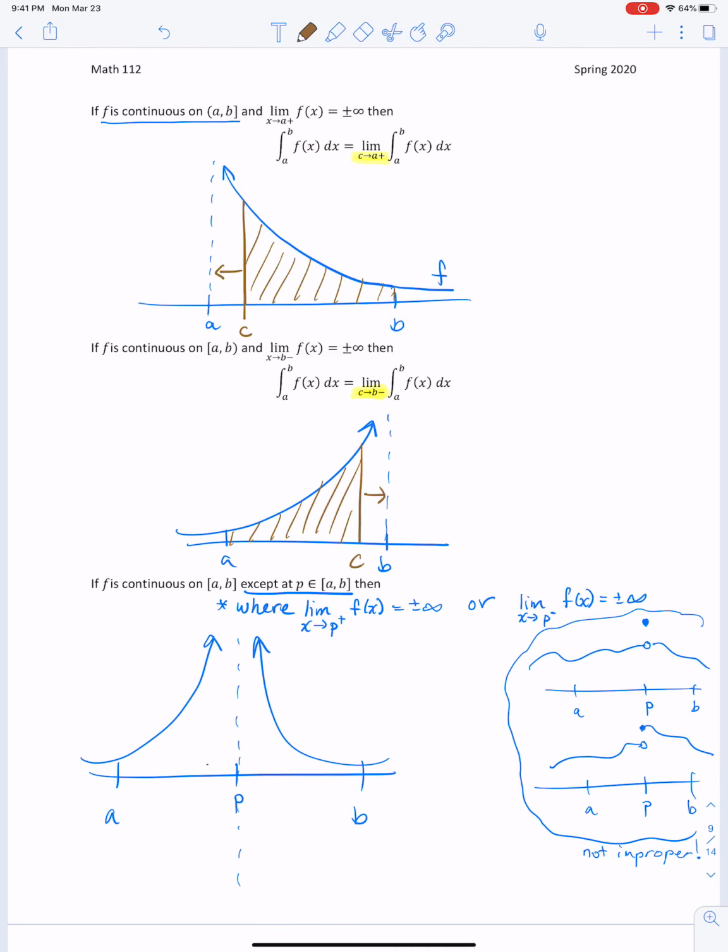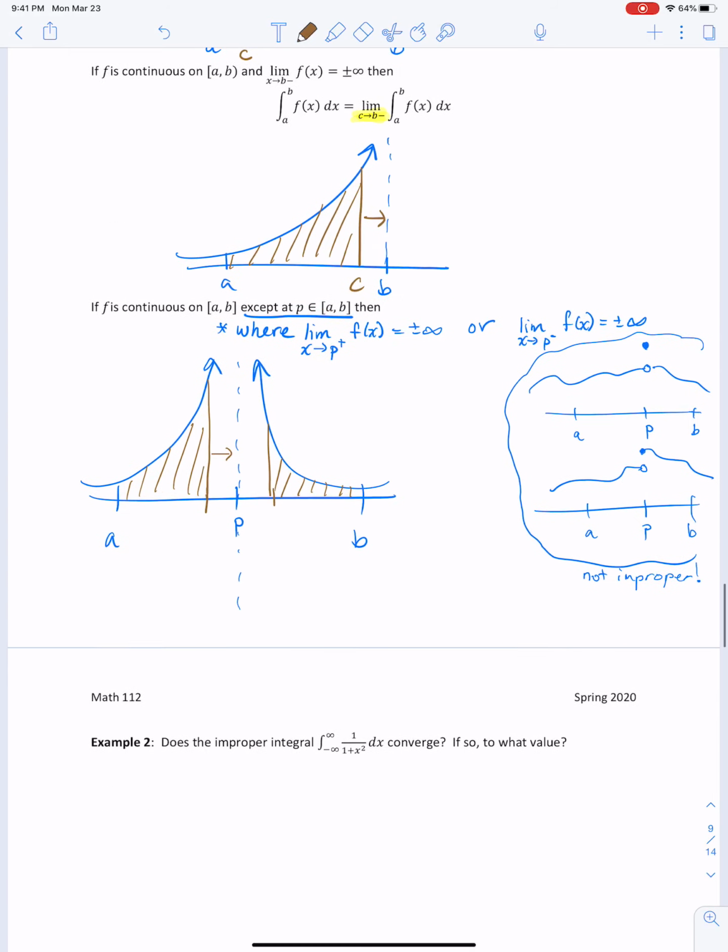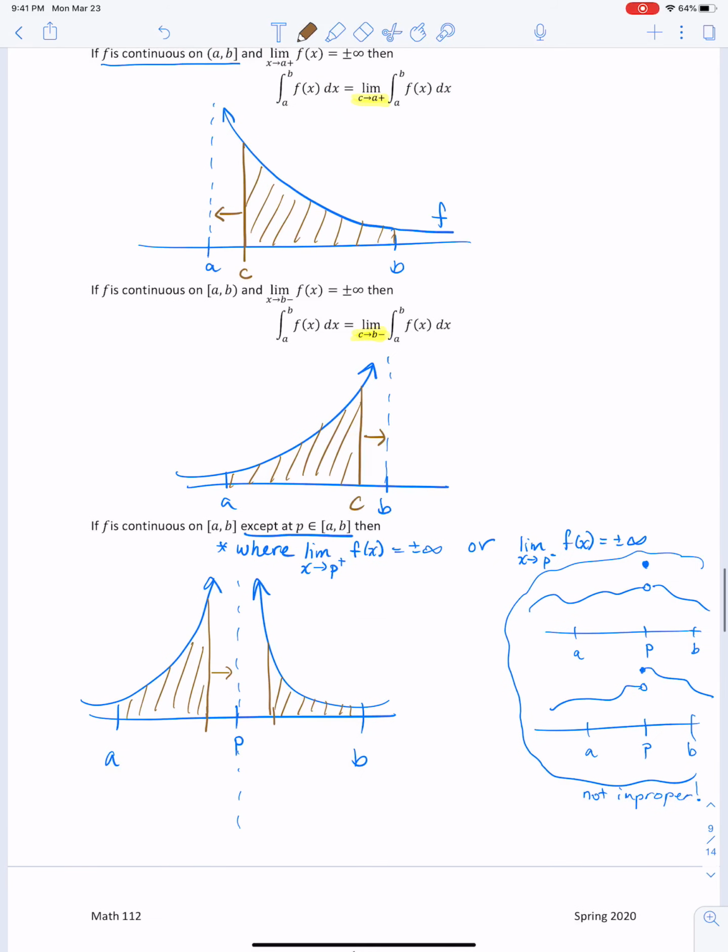In this case, we're going to be picking two points. You find the area of the left shaded area I've drawn first, and allow that endpoint to move in towards P, and similarly you would compute a limit on the other side. Let me give you a formula.